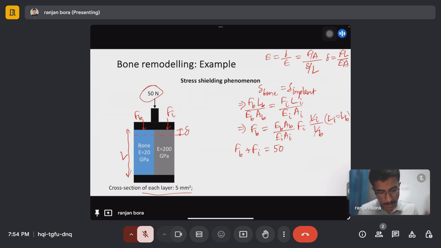In this expression, if we substitute this expression for FB and take FI common, then FI times (EB AB by EI AI plus 1) equals 50.